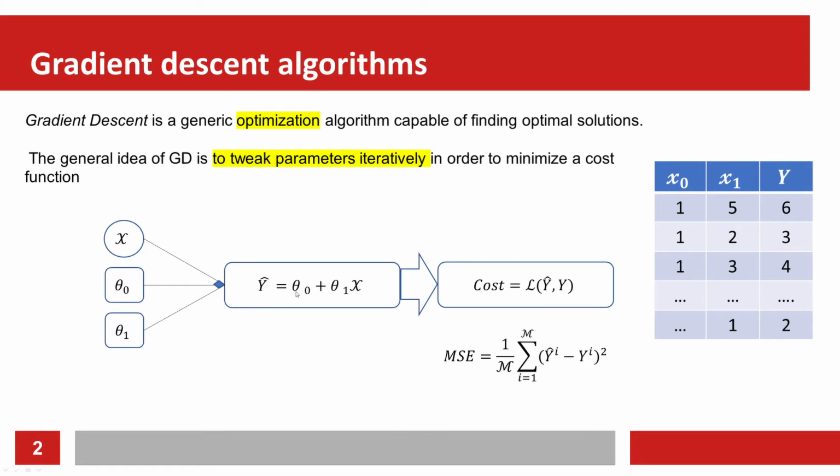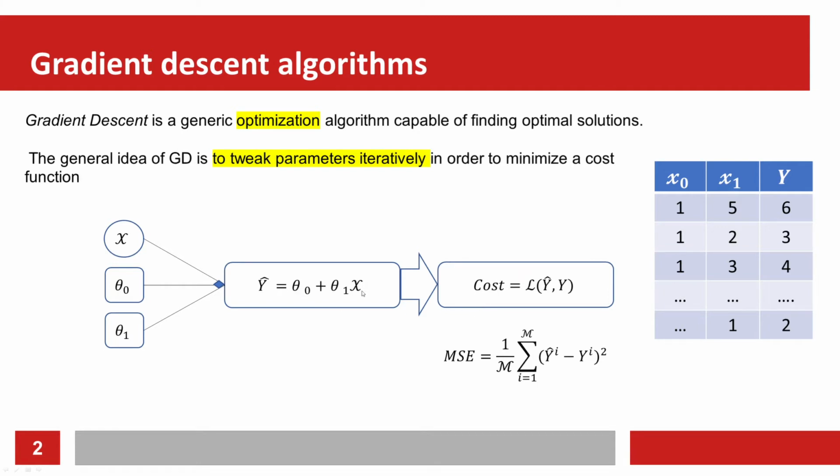By the way, theta 0 and theta 1 are randomly initialized in the first iteration. Next, you compute the cost and try to minimize it by updating these parameters. And with updating these parameters, your cost will also be minimized.